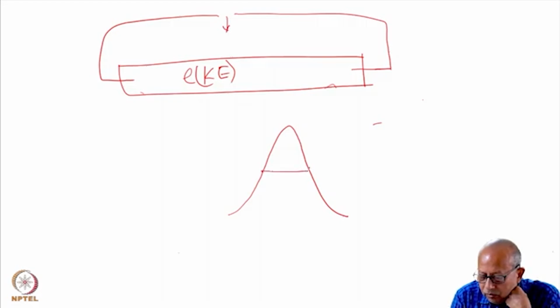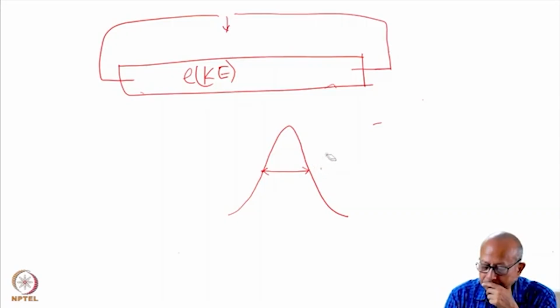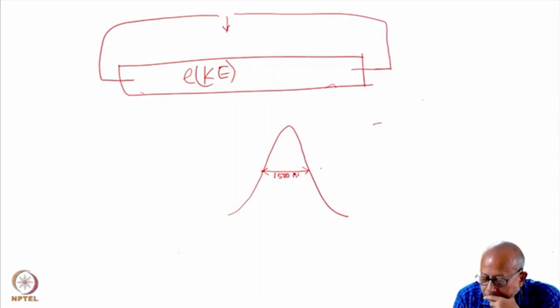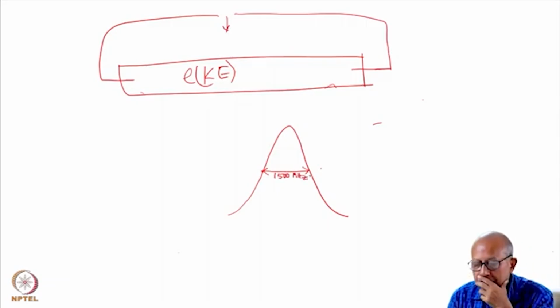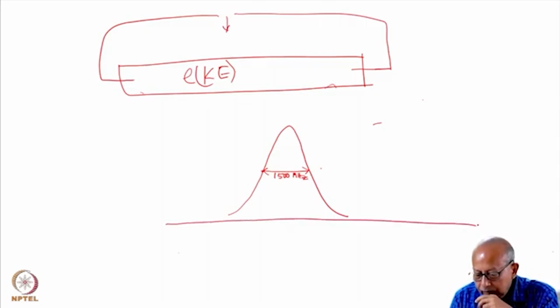So this is usually defined as the full width at half maximum. So this is 1.5 gigahertz, or 1500 megahertz. And this is frequency.